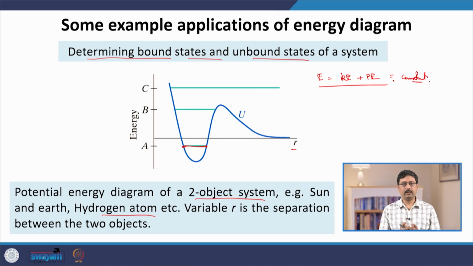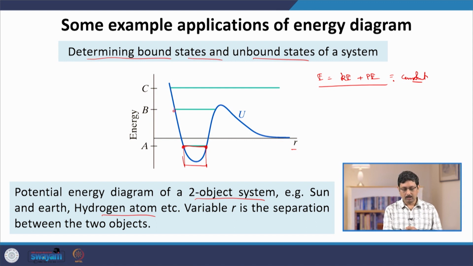So, it immediately tells you that the values of r can only vary within this range. The distance between the two objects cannot be less than this particular value and cannot be bigger than this particular value, and the system is stable. This kind of state is called a bound state.